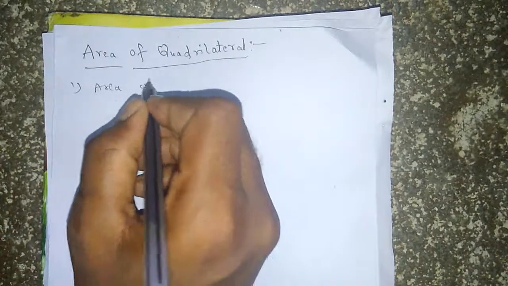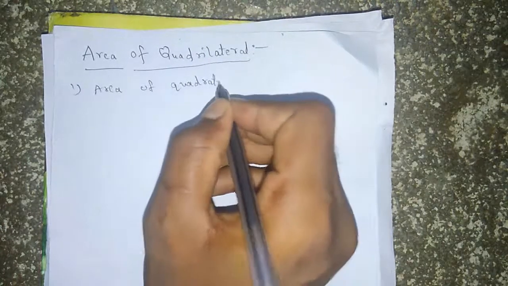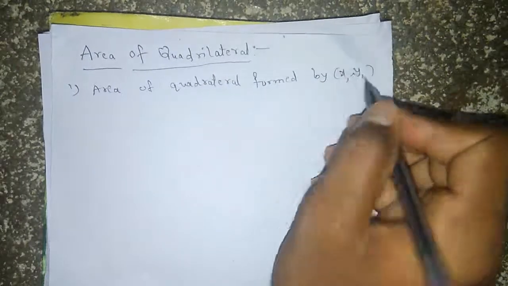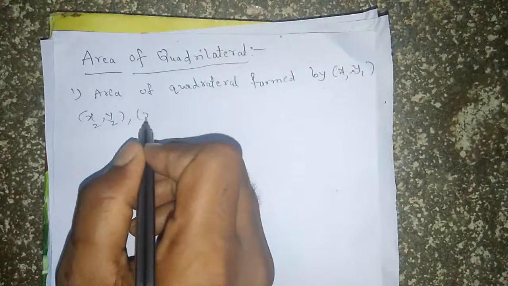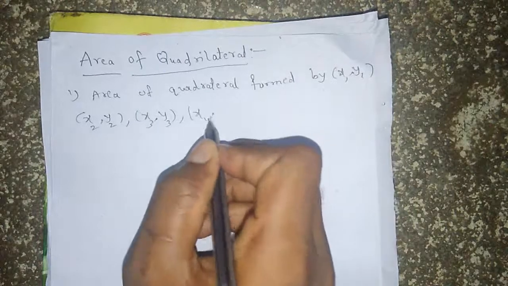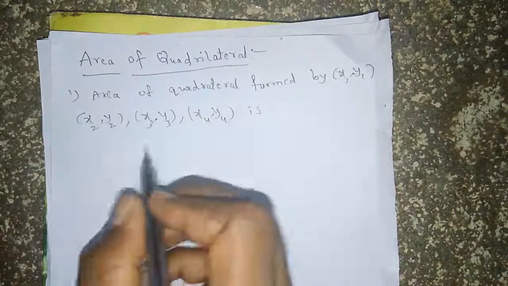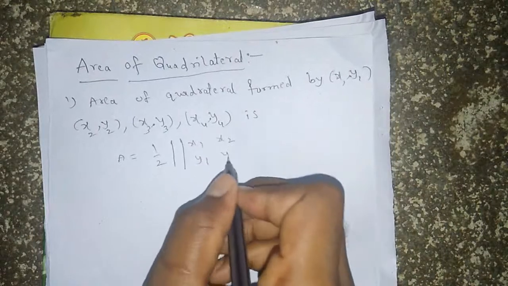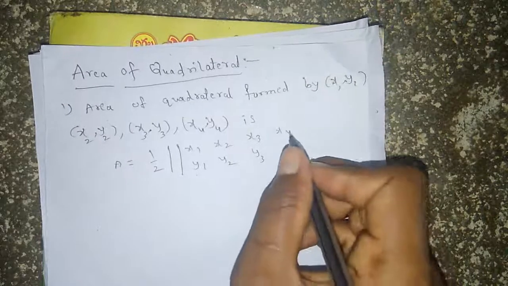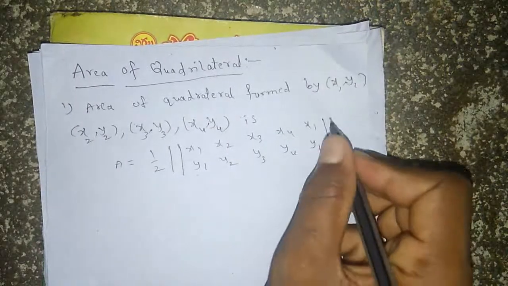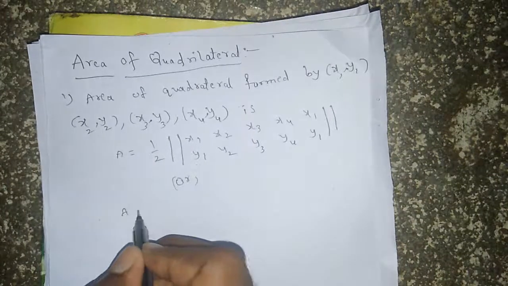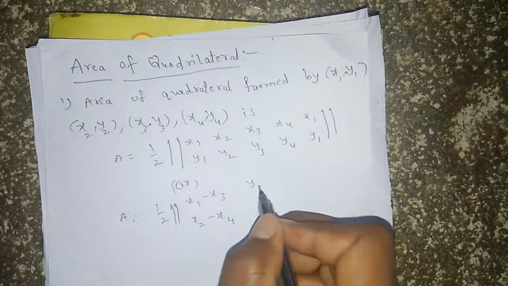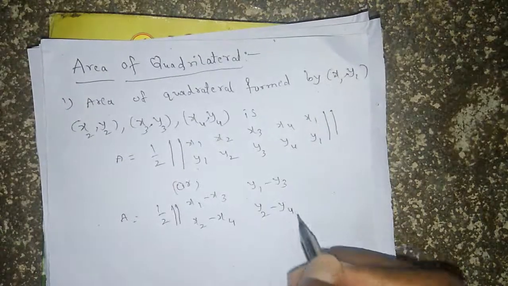Area of quadrilateral formed by x1 comma y1, x2 comma y2, x3 comma y3, x4 comma y4 is half mod of |x1 y1; x2 y2; x3 y3; x4 y4; x1 y1|, or area is equal to half mod of |x1 minus x3, x2 minus x4; y1 minus y3, y2 minus y4|.